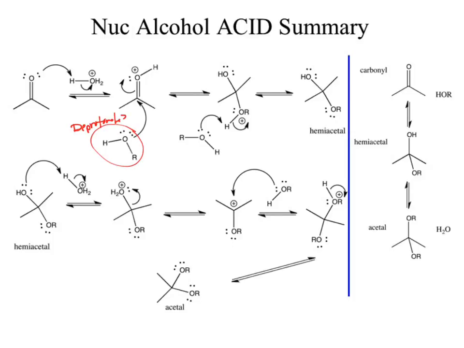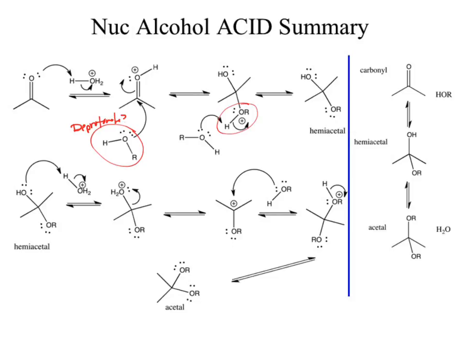If that species is deprotonated, I have a strong base in an acidic environment. I'm not allowed to do that. So the nucleophile must attack first, which then sets me up with a strongly acidic structure with that positive charge. That is okay to form in an acidic environment. There's an excess of positive charge effectively floating around. So we have to be careful on when we protonate and deprotonate to match the conditions we're running under.